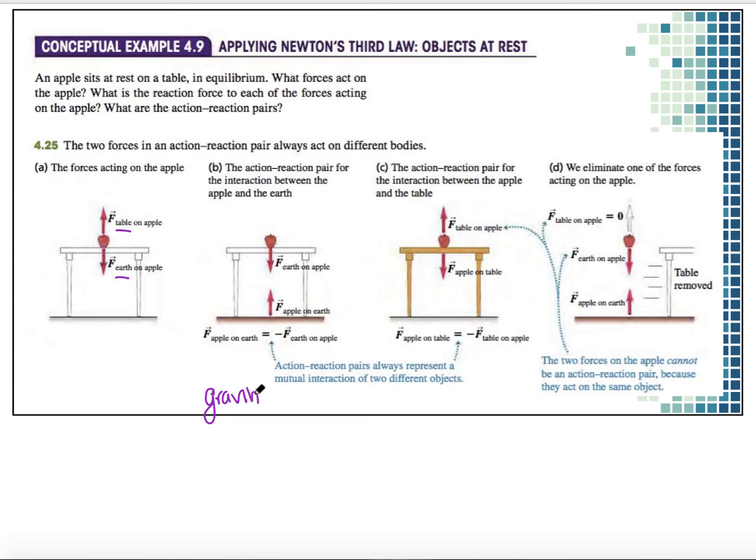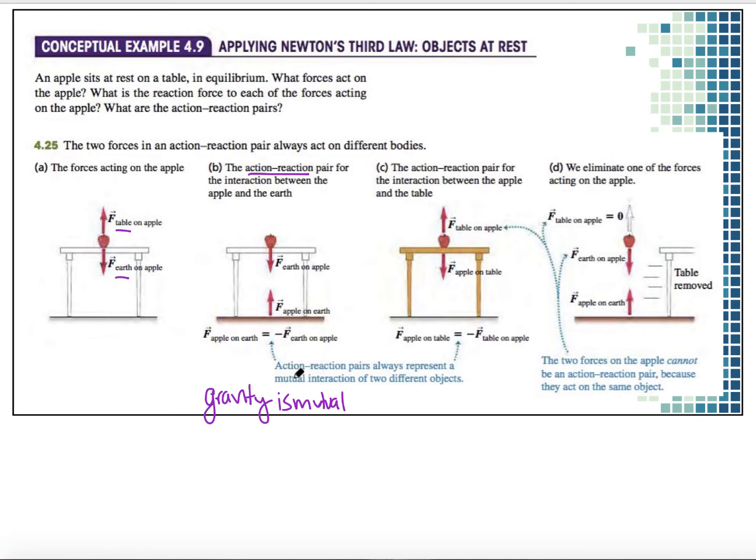It acts mutually between the two objects that have mass. And so here, that is our first example of an action and reaction pair, because both objects exert a symmetric force on each other.